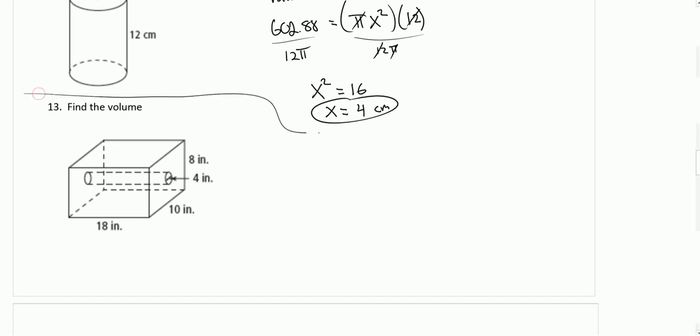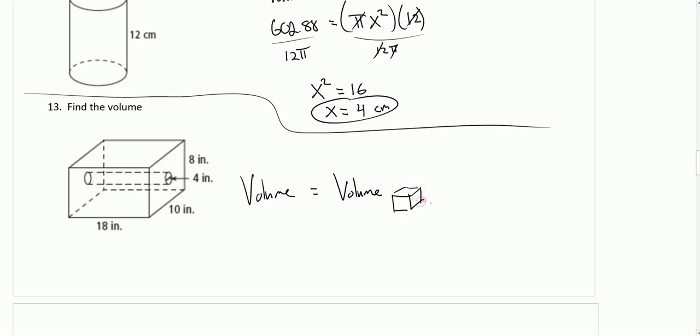13, we have a rectangular prism with a cylindrical hole through the middle. And so the volume of this will be equal to the volume of our prism minus the volume of our cylinder.